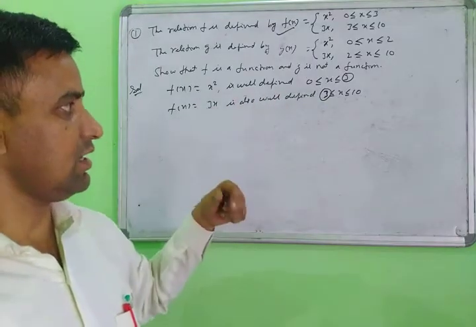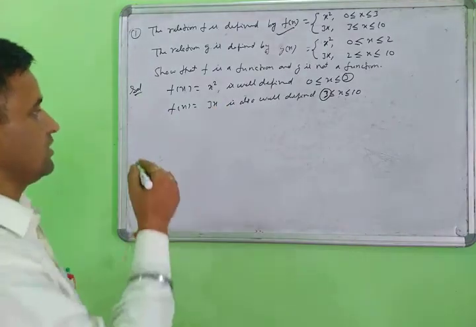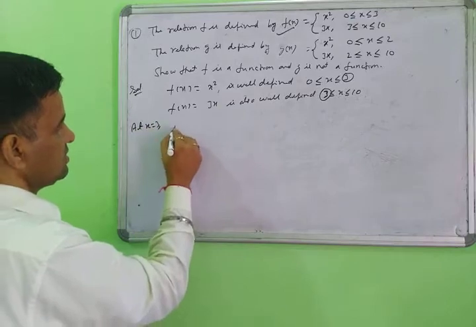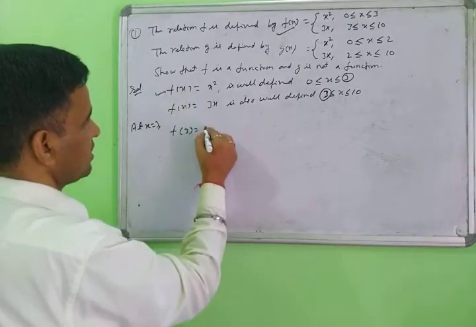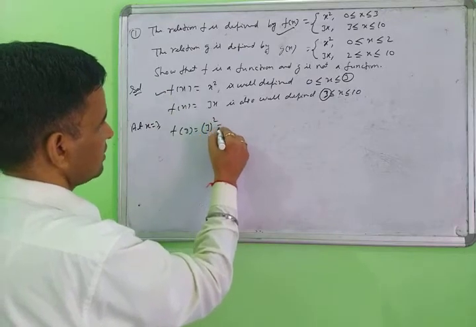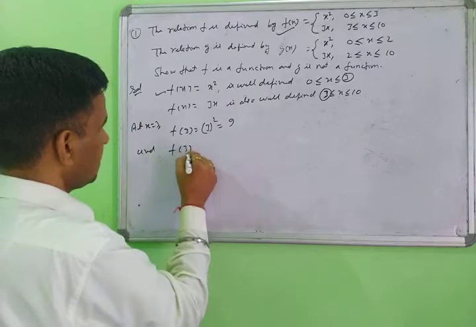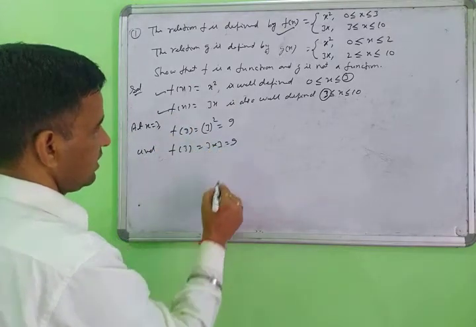Then you check whether this relation is a function or not. Now at x equal to 3, f(3): first you check the square of 3, this is 9, and in the second, 3 into 3, this is equal to 9.